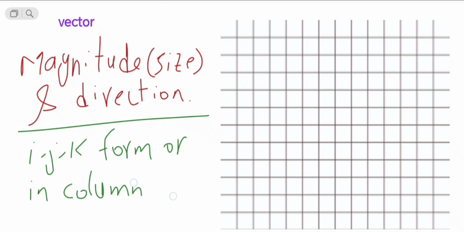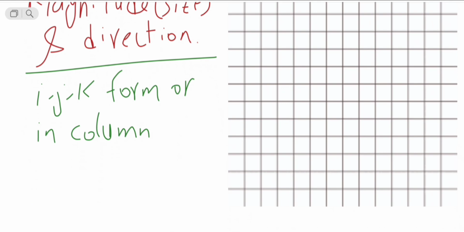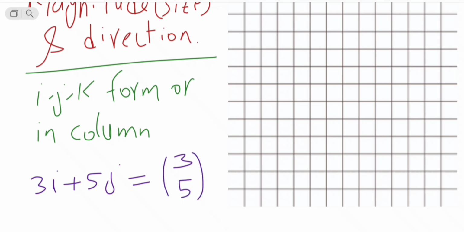For example, there is a vector 3i plus 5j. This is a vector. This can be written also in a column way, which is equal to 3 and 5. Basically, we need to understand 3 is an x value, 5 is a y value.